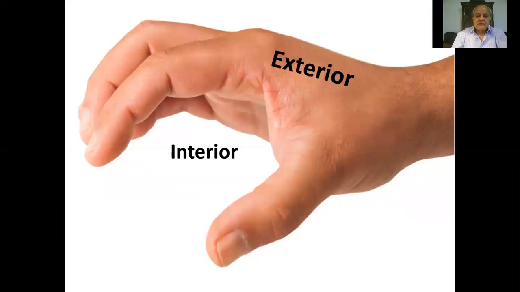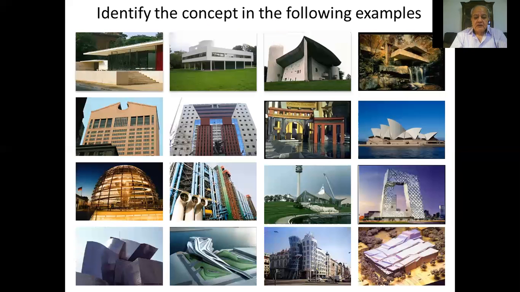So as we show our hand, we have an exterior form and we have an interior space. The interior space is where people live and have activities and meet each other and do this and that. The exterior form is actually only the thing shown to other people outside. So our focus is mainly on the interior space.